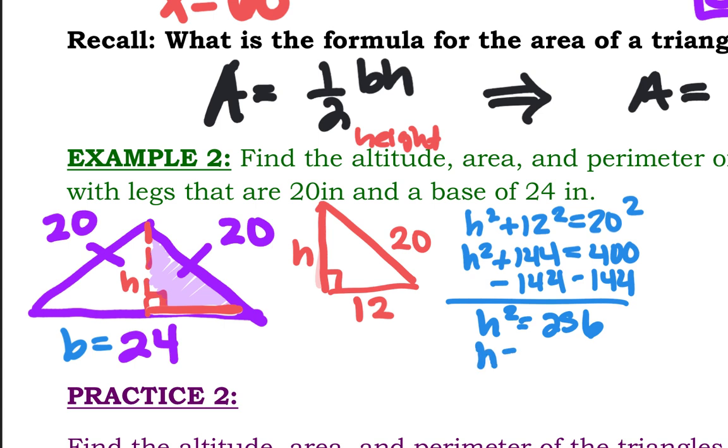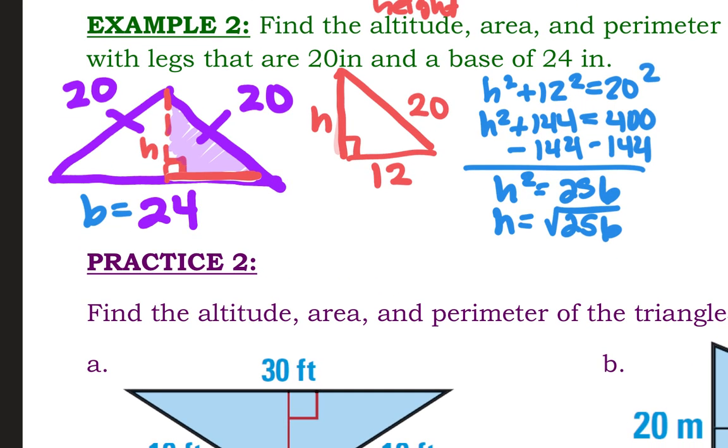Now, we are not getting decimals, right? Can we take the square root of 256? Always see if you can take the square root of a big number before you try to reduce it. Do we get a whole number? We do. So the height is 16. We answered the first part. Find me the height. Done. We can cross that out.